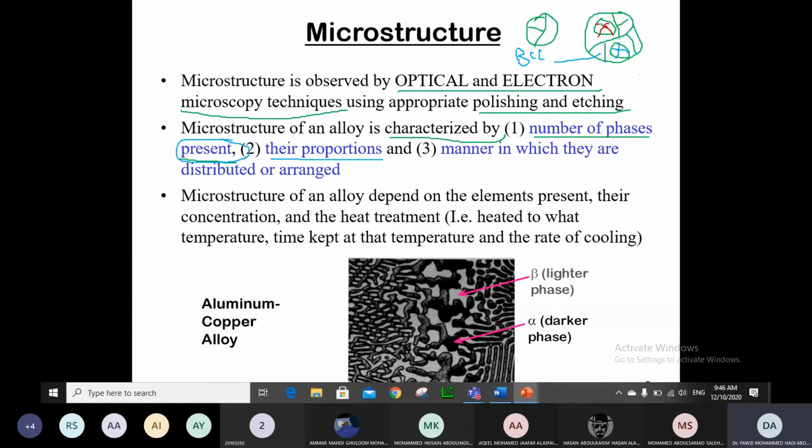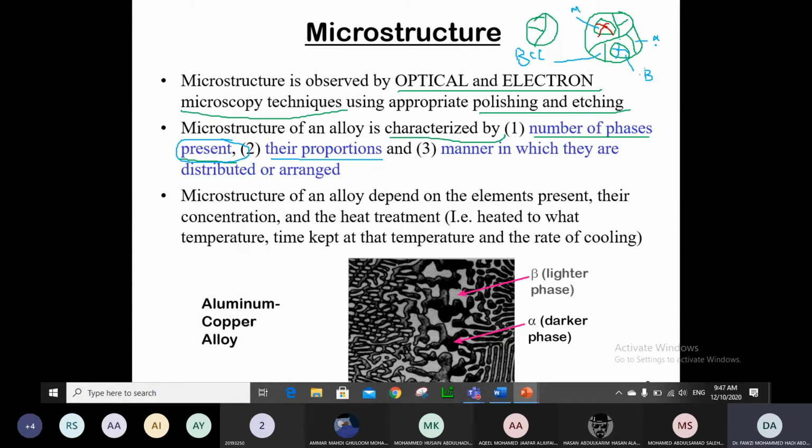And suppose this is the hardest phase. Let's say this is the martensite, for example. Martensite is the hardest phase ever in the steels. And this is, let's say, bainite. This is bainite, and this is the ferrite phase, the alpha phase. The alpha is the softest phase.